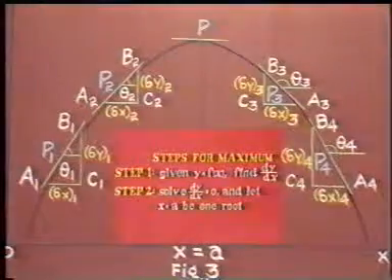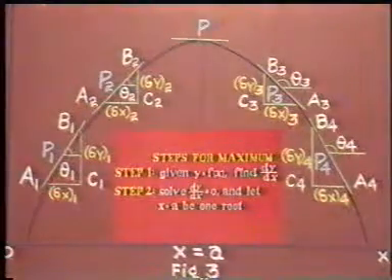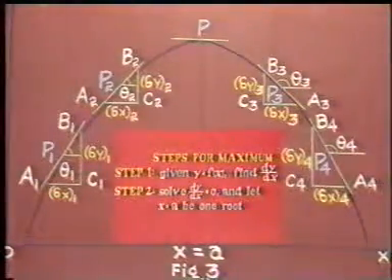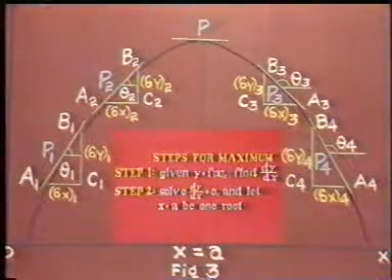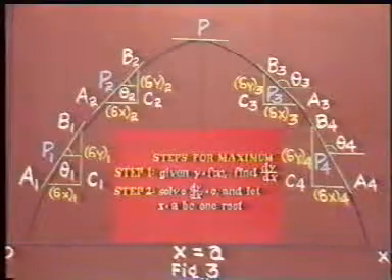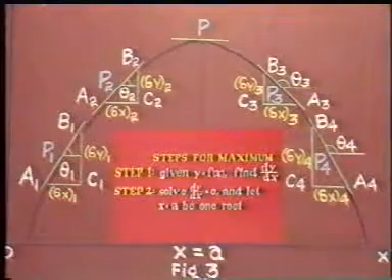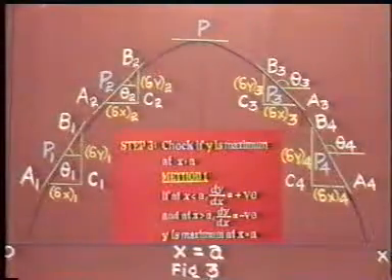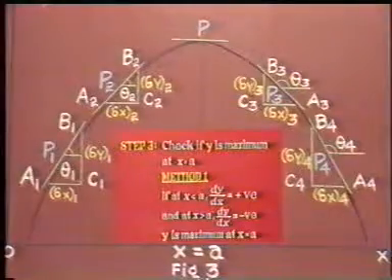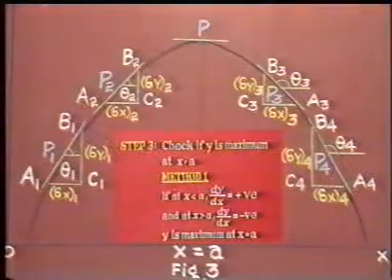Steps for maximum. Step 1. Given y equal to f(x), find dy upon dx. Step 2. Solve the equation dy upon dx equal to 0 and let x equal to a be one root. Step 3. Check if y is maximum at x equal to a. Now we have two methods. Method 1.